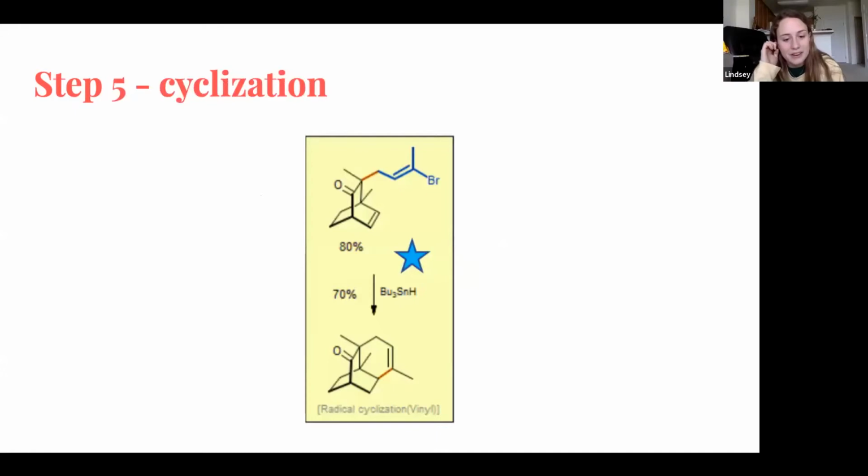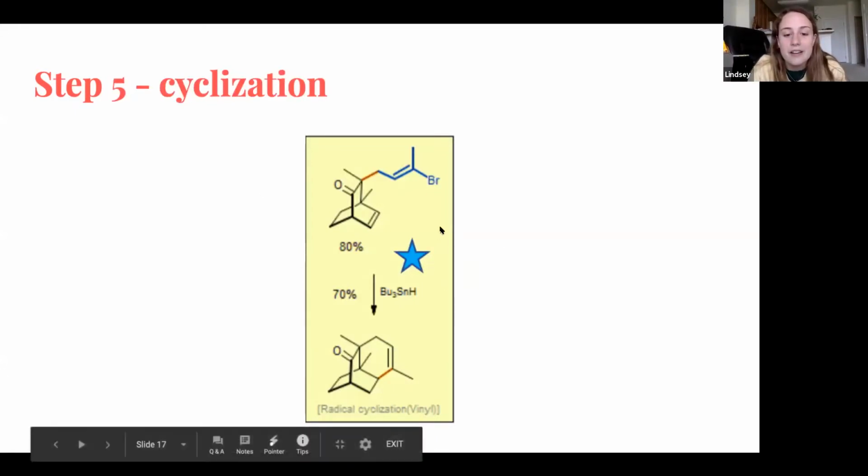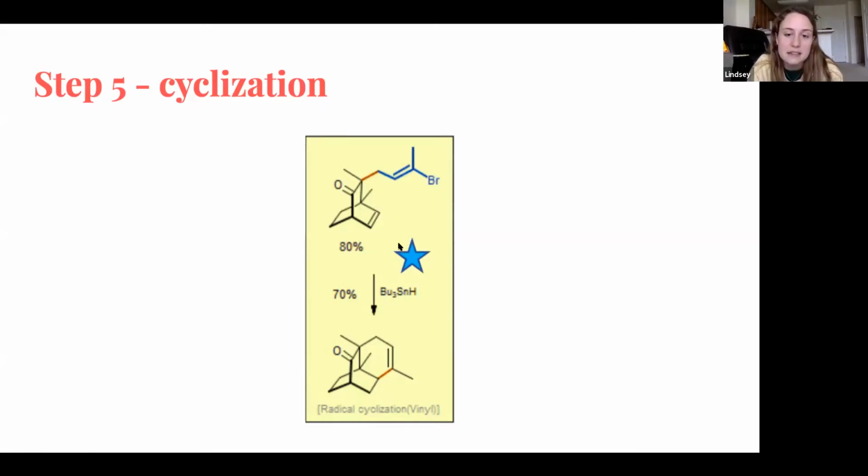And then we have a nice radical cyclization. The tributyltin hydride is a way to just generate radicals. What we think happens is that it takes an electron from the bromine, so then you have this radical on this carbon right here.